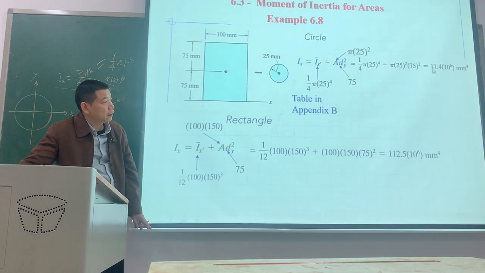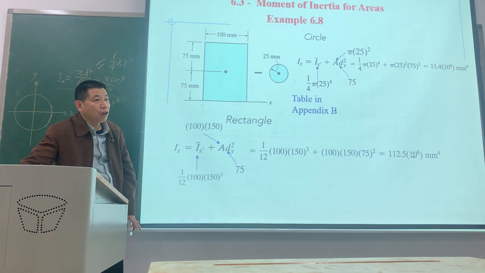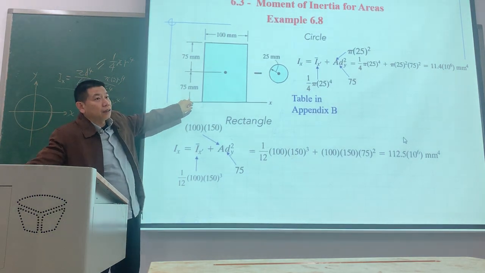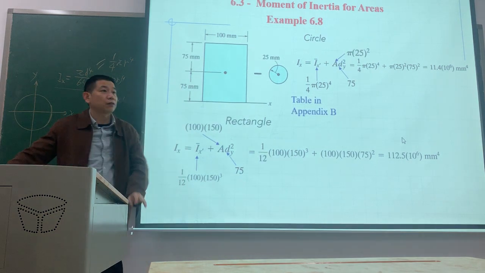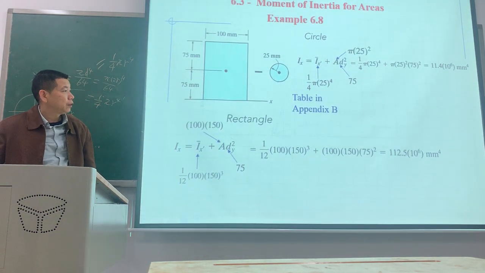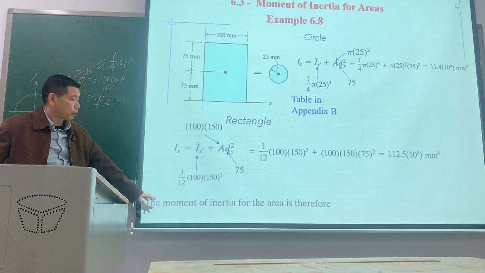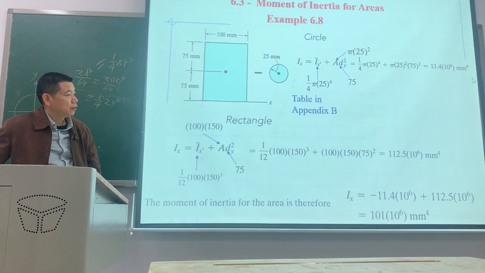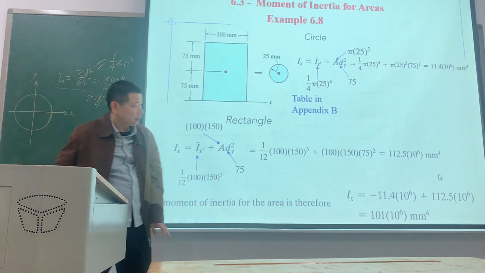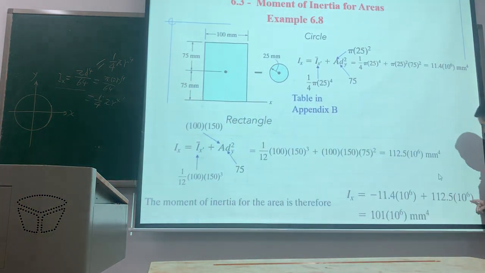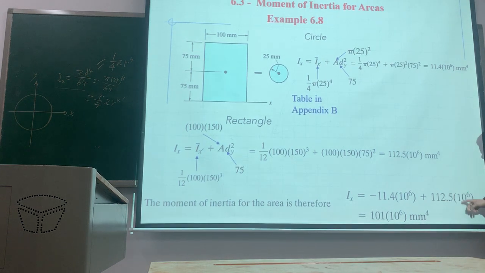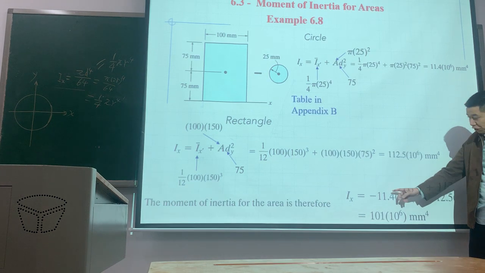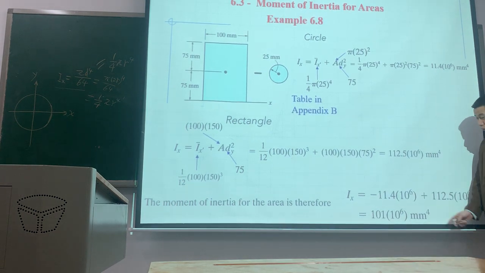So we can get the moment of inertia of the rectangle about x. So we can get the moment of inertia for the area: it is the moment of inertia of the rectangle minus the moment of inertia of the circle, because the circle is a hole, so it's minus.